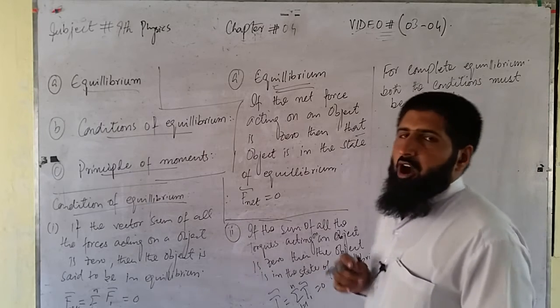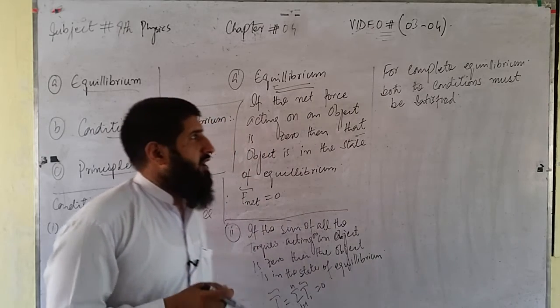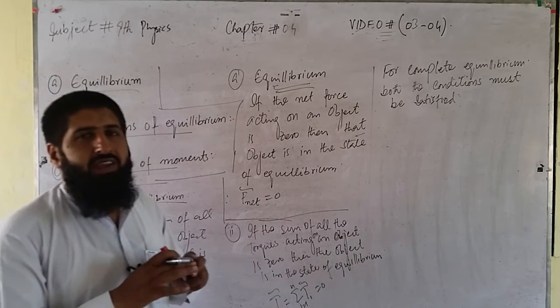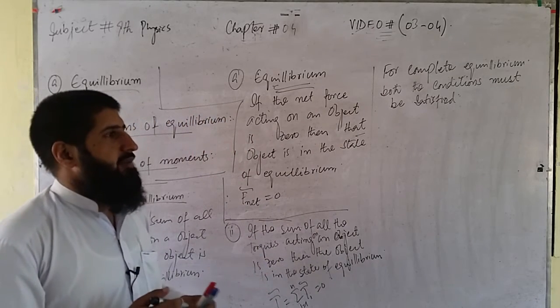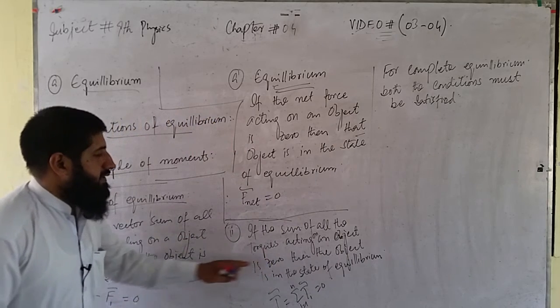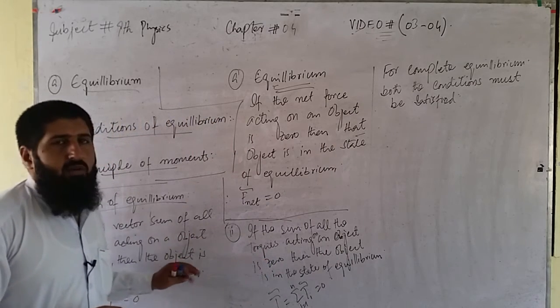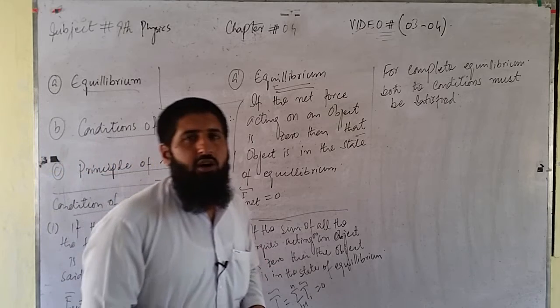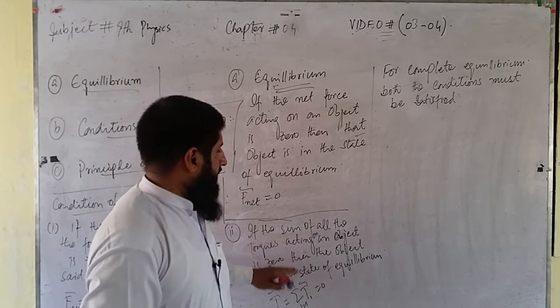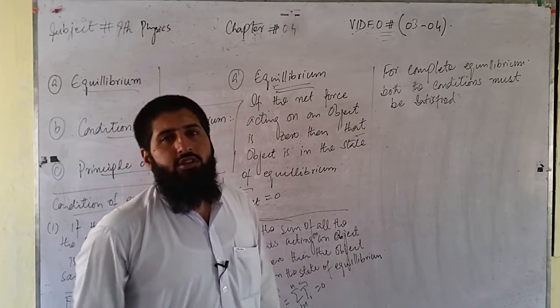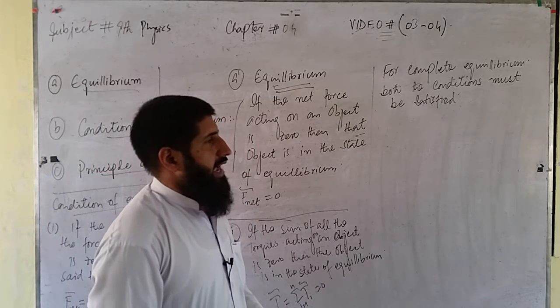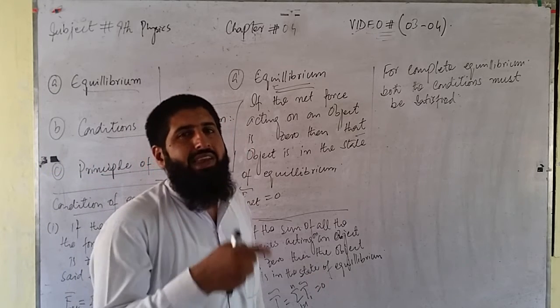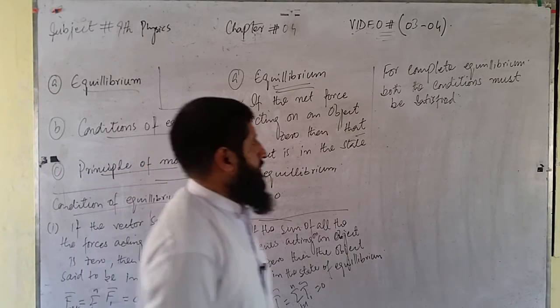We say that an object is completely in equilibrium if these two conditions are satisfied: if the sum of all the net forces acting on that object equals 0, and if the sum of all the torques acting on that object equals 0, then we say that the object is completely in the state of equilibrium.